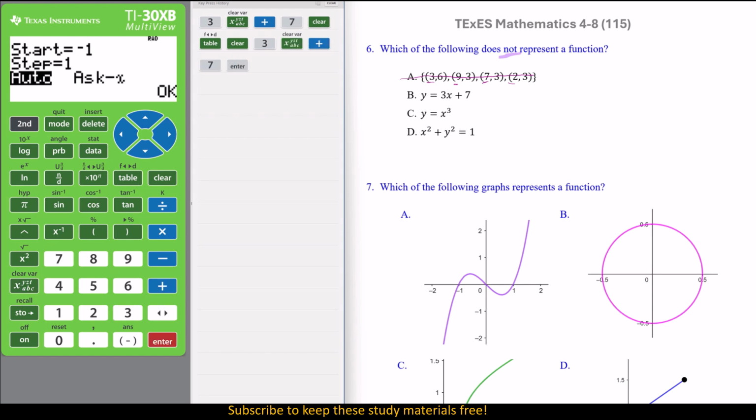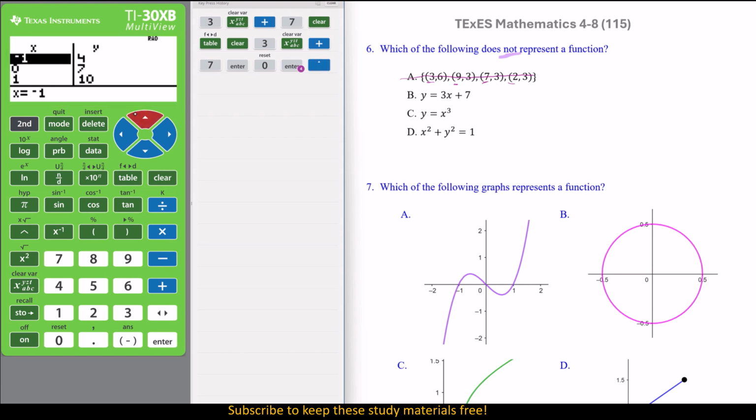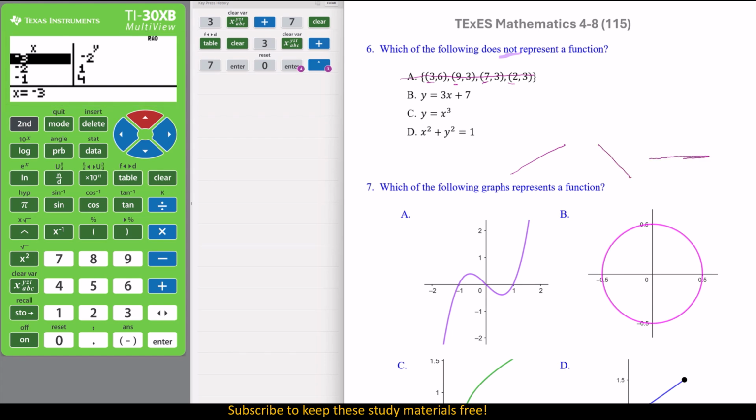Now let's push enter. Start at 0. Count by 1, steps of 1. And let's put that in. And now take a look. You're not going to see anything repeating. Okay? And think about it. Even if I have a line going up or a line going down, even y equals with 0 slope.